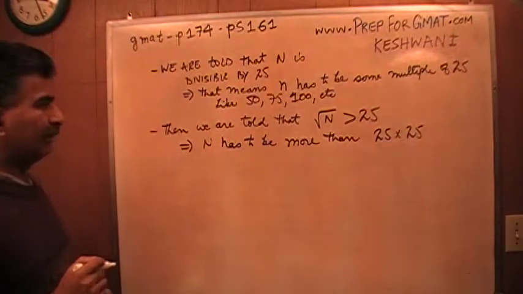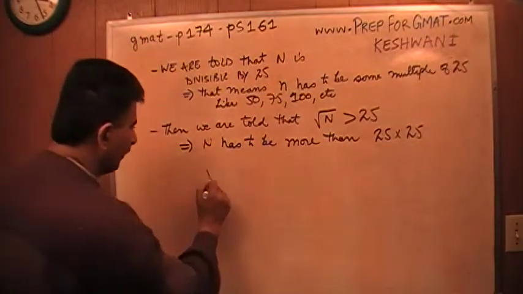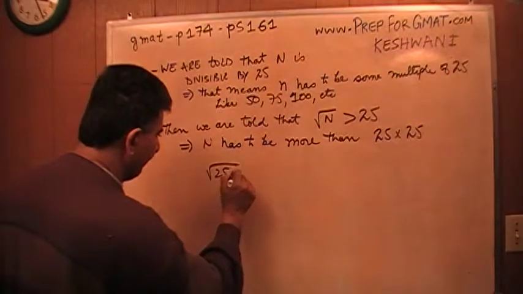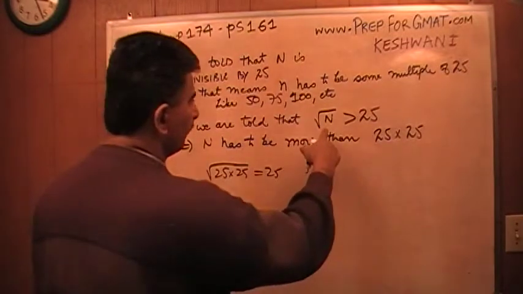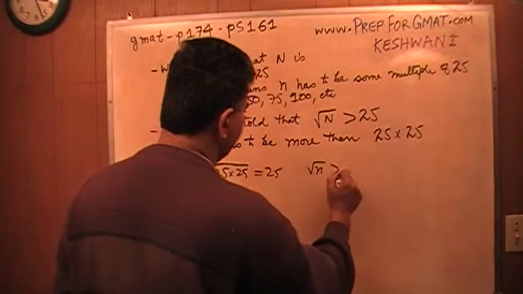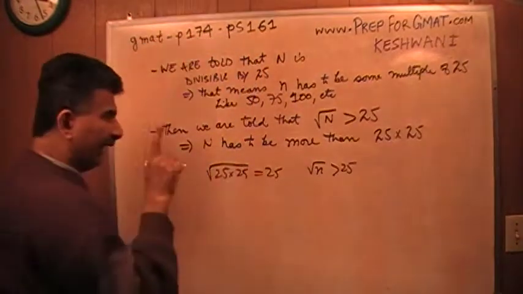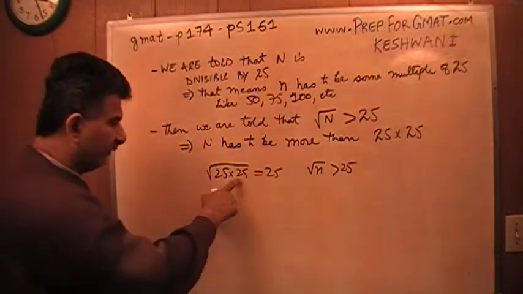Because if n were 25 times 25, the square root of 25 times 25 would be exactly 25. But we are told that the square root of n is more than 25. That means n, whatever it is, has got to be more than 25 times 25.